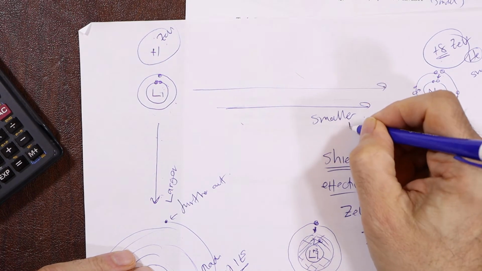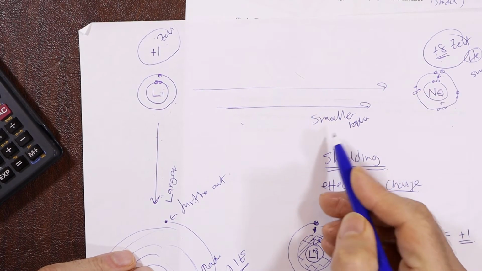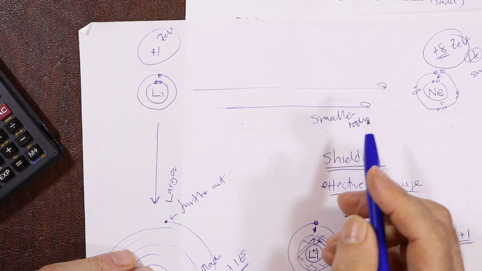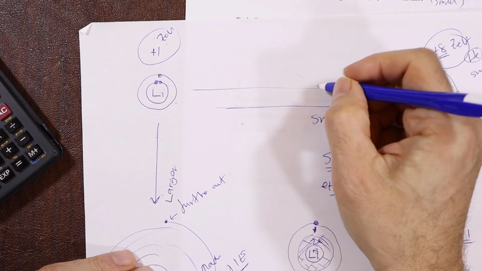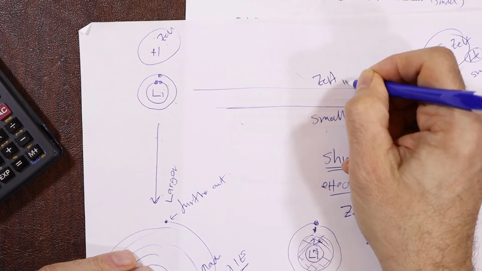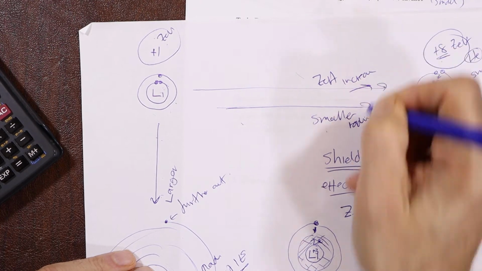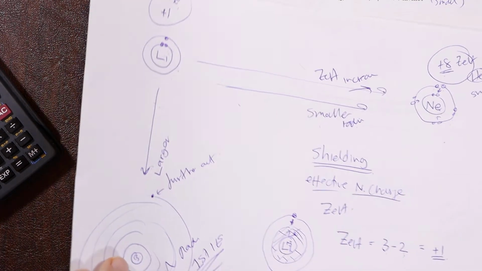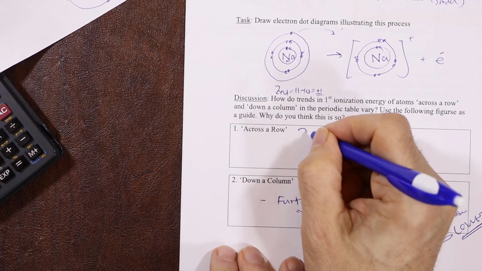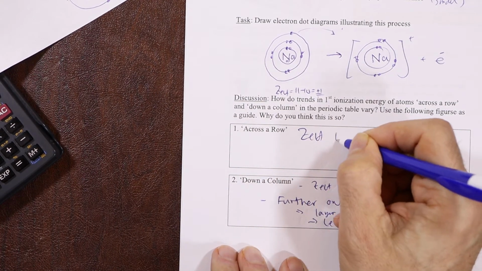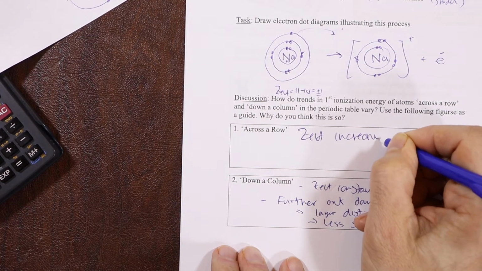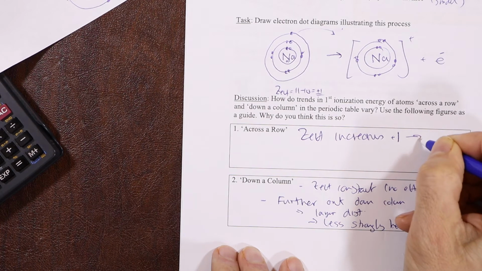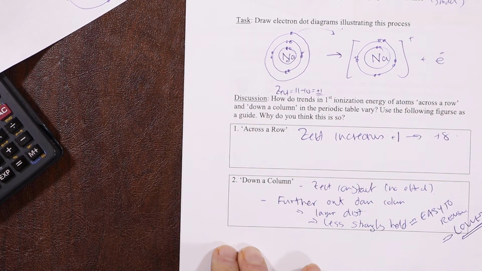So slightly smaller radius as we go across. But if we think about it, as we go across, effective nuclear charge increases. That's important. So across a row, effective nuclear charge increases 1 through 8. Column 1, the nucleus has an attractive force of +1, if you like, and column 8 has an attractive force of +8.